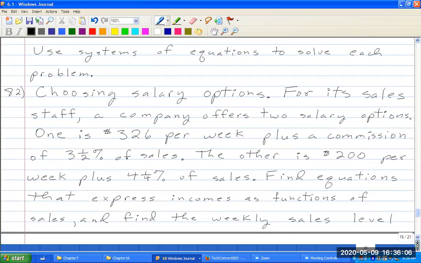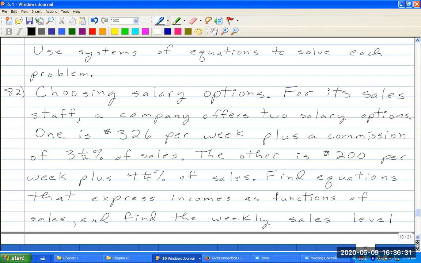Use systems of equations to solve each problem. Problem number 82, choosing salary options. For sales staff, a company offers 2 salary options. One is $326 per week plus a commission of 3.5% of sales.